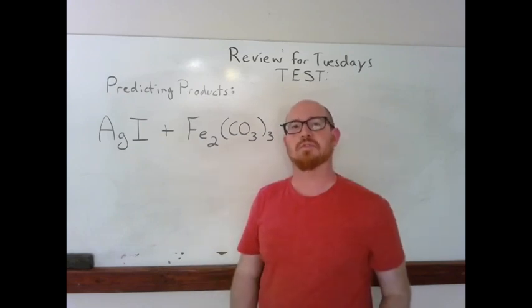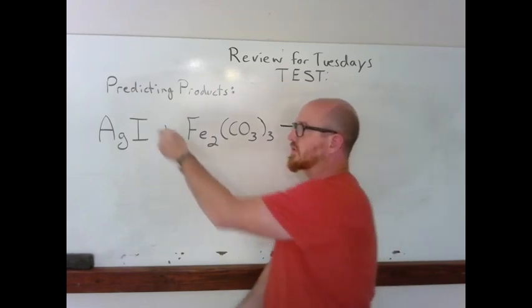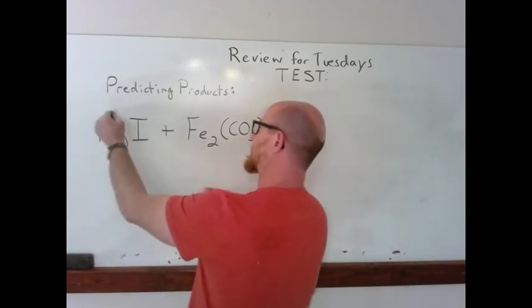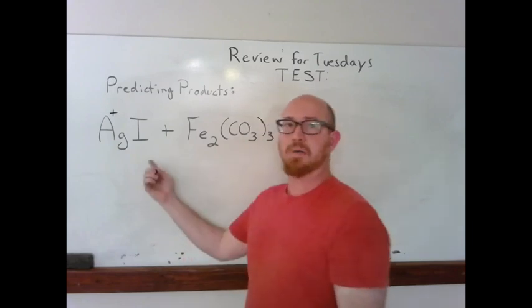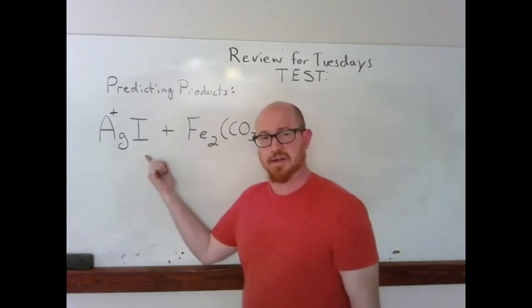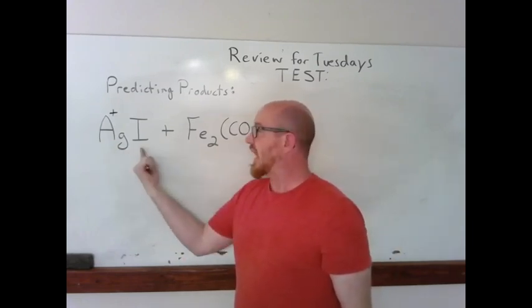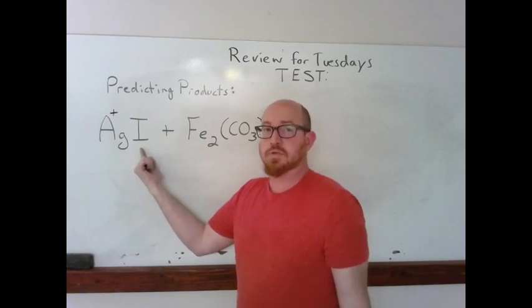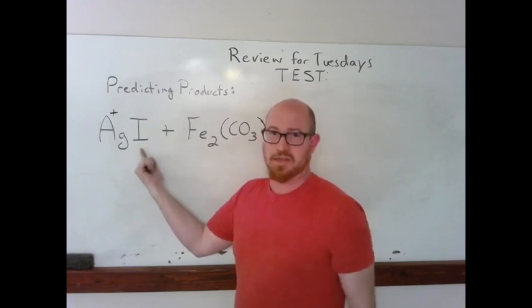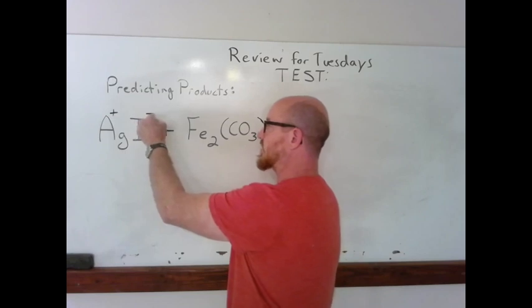That's because it's got a fixed charge. Silver's fixed charge is +1. It's bonding with iodine, silver iodide. Iodine is in group 7, the halogens. It automatically comes with a -1 charge.